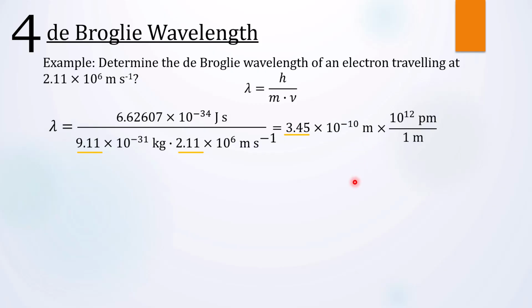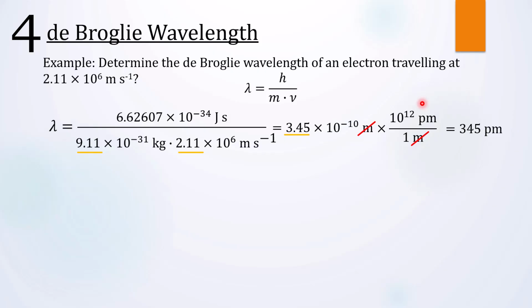And if I want, I suppose I can convert these to picometers. So if I multiply by 10 to the 12 picometers per 1 meter, I want meters in the denominator to cancel meters here. This factor comes from the video that I had on the metric system and metric prefixes. So meters will cancel, and I'm left with 345 picometers.